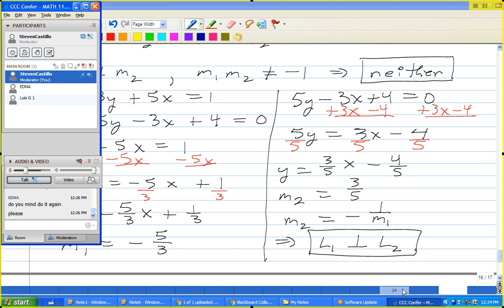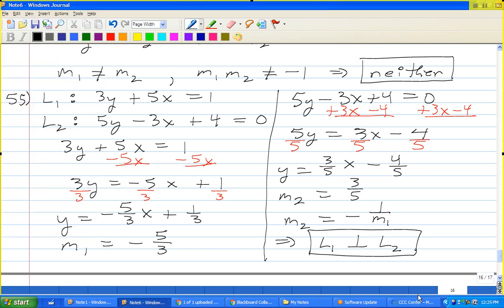Okay, so let me do this again. So I have these two lines here. The first thing I want to do in order to figure out if they're parallel or perpendicular is find the slope of each line. So to find the slope of each line, I want to solve for y. So for this first equation, this is L1.